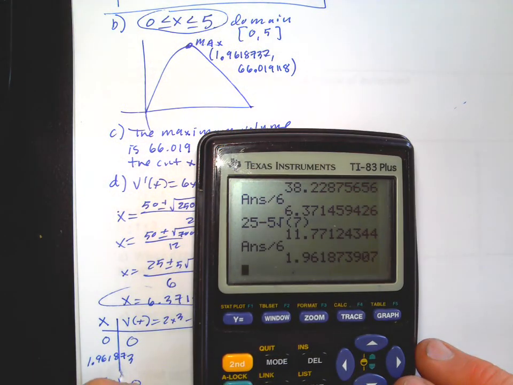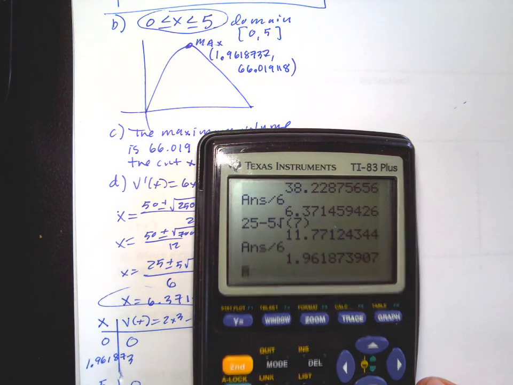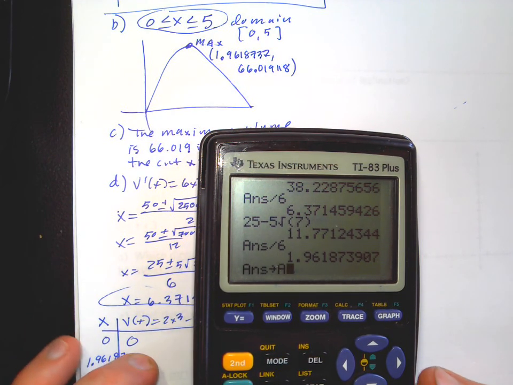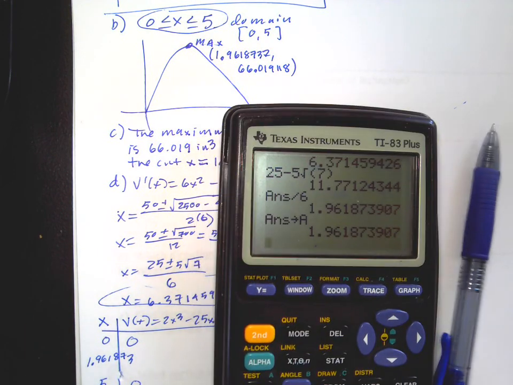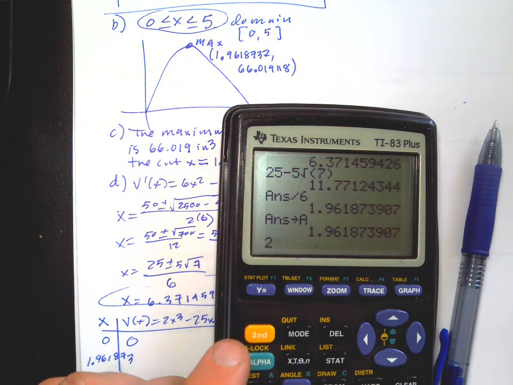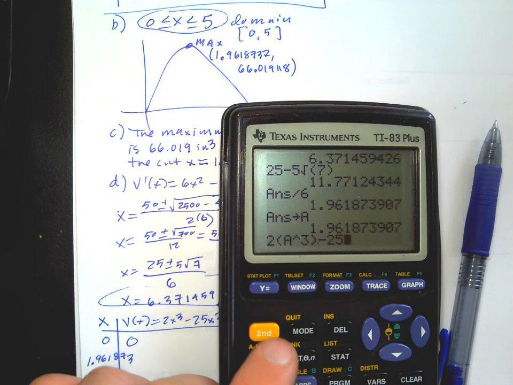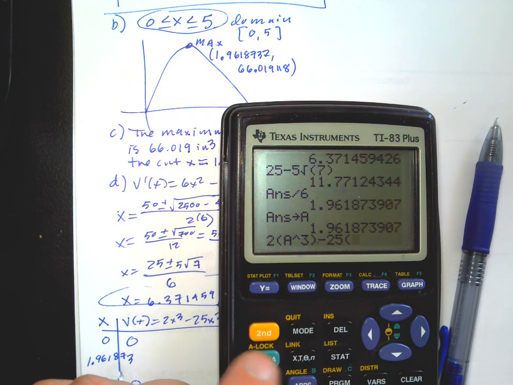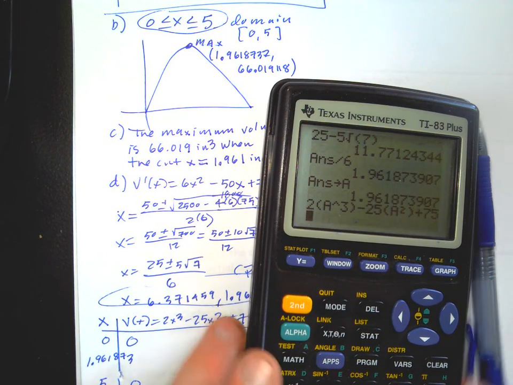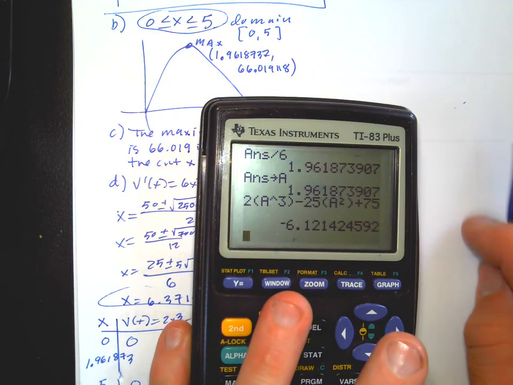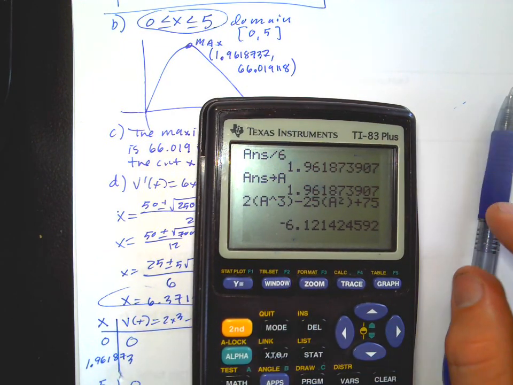So I could store it, alpha A, and then we could do 2 parentheses alpha A raised to the third power minus 25 parentheses alpha A squared close parentheses plus 75. No, that doesn't seem right.